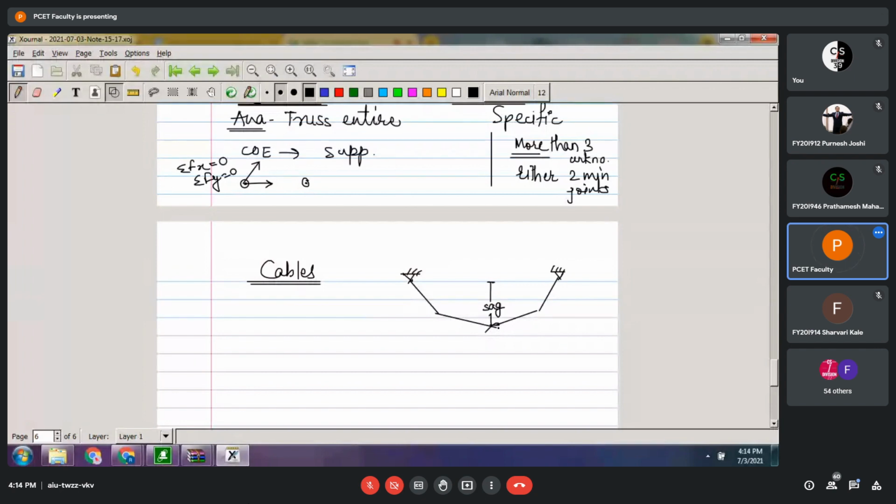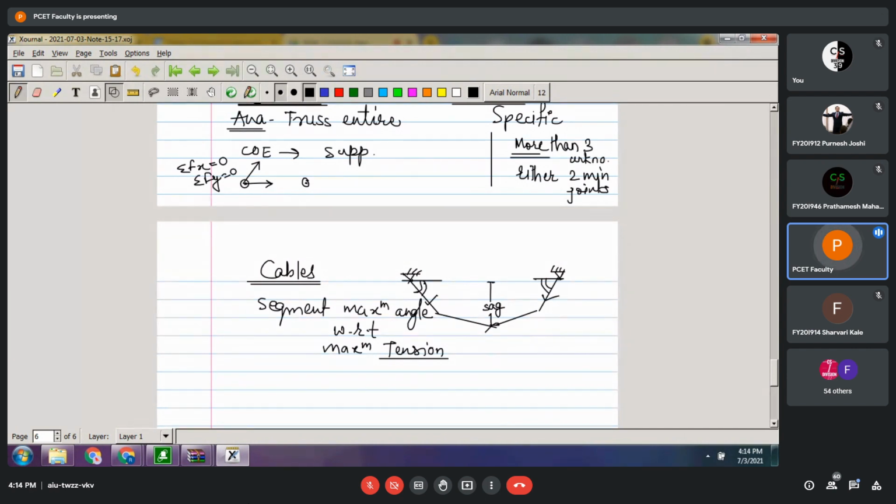ठीक आहे? Okay. The most important parameter of cable, when this is your cable structure, always remember that the segment which makes maximum angle with respect to horizontal, ज्या केबल सेगमेंटचा अँगल जास्त त्या केबल सेगमेंट मध्ये मॅक्सिमम टेन्शन असतं. Mostly 99% or 100% your maximum tension is either in this first segment or in this last segment.